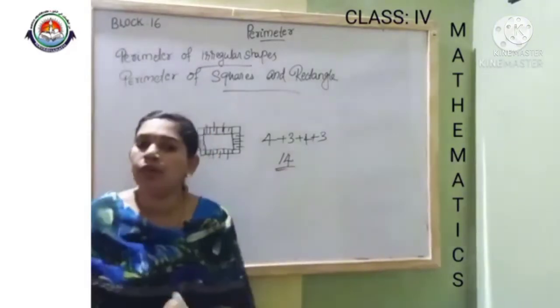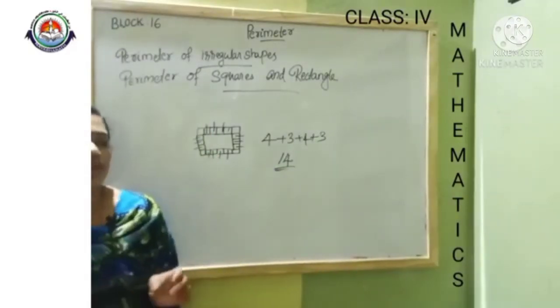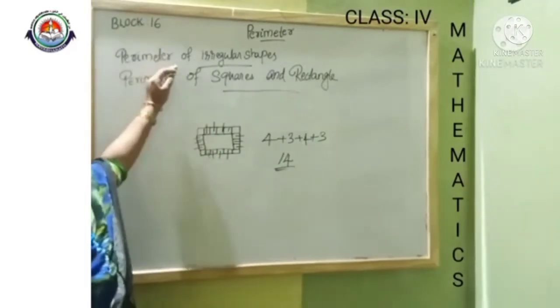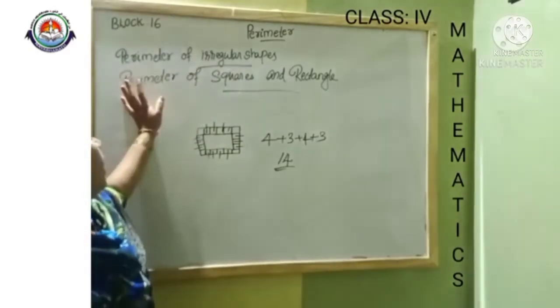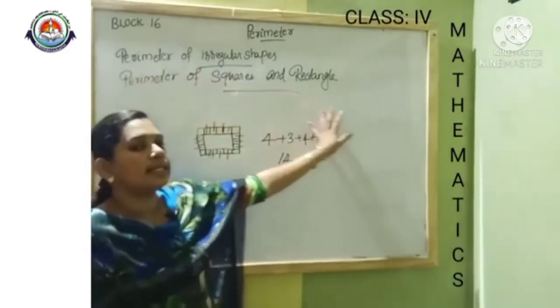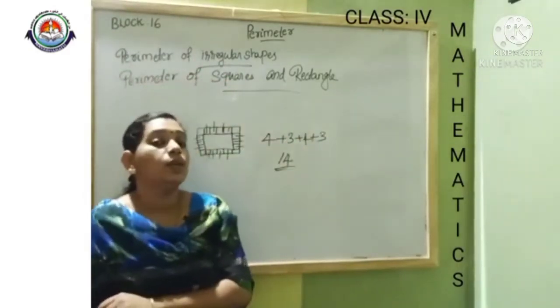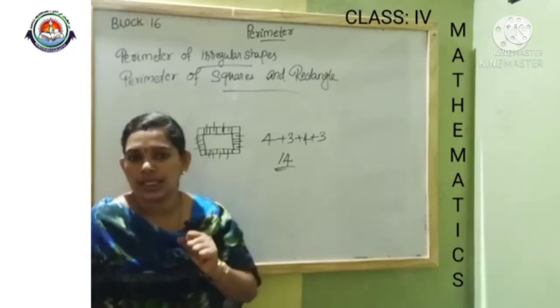What is the perimeter here? 14. So today we have discussed how to find the perimeter of irregular shapes and how to find the perimeter of squares and rectangles using squares.